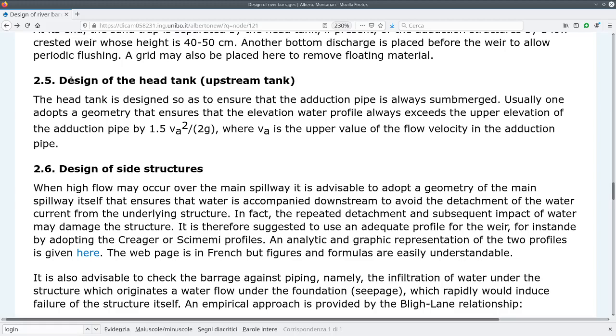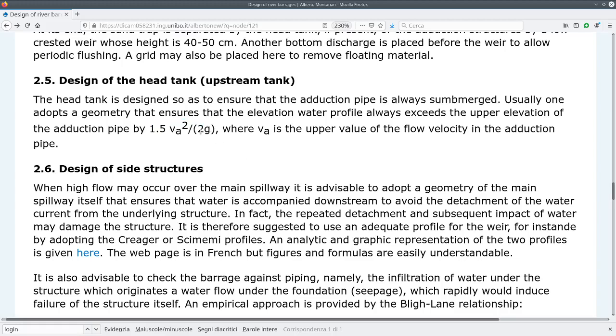And there is a practical rule in order to compute, to design as a first guess, how much should be the water depth above the highest pipe elevation. The submergence should be at least 1.5 times the kinetic term of energy of the current into the pipe.